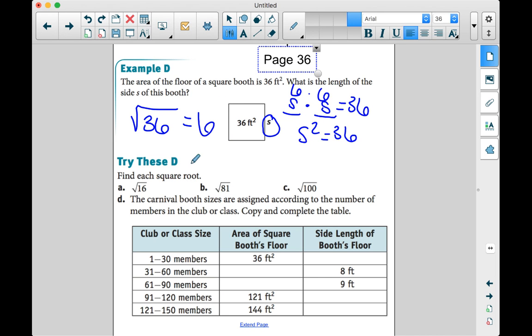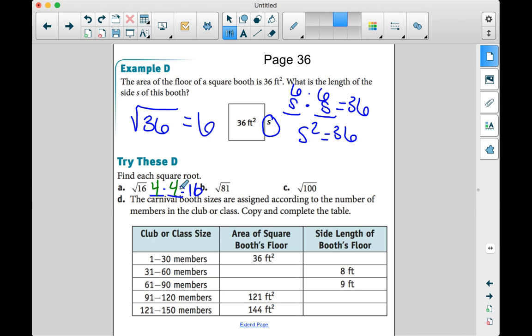Okay? So here, find each square root. So the square root of 16, it just asked me to work backwards. What times what would equal 16? In your head, or according to the multiplication chart, you should know that 4 times 4 equals 16. So the square root of this number would be 4.